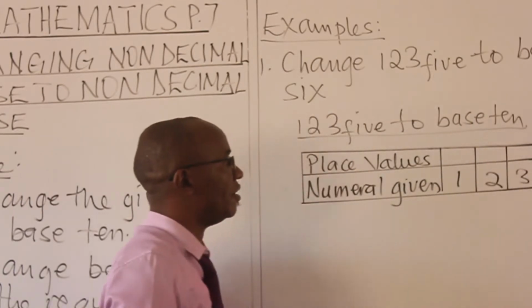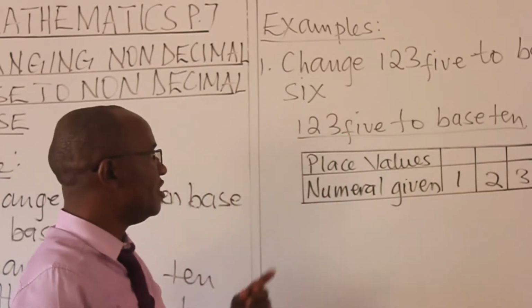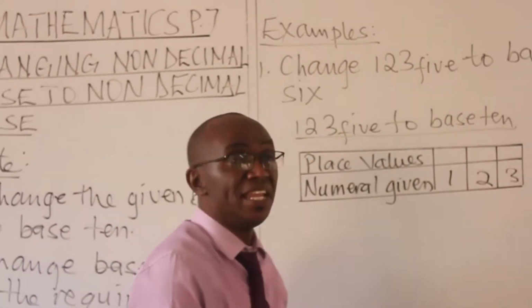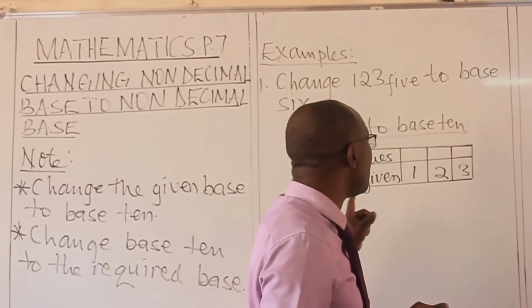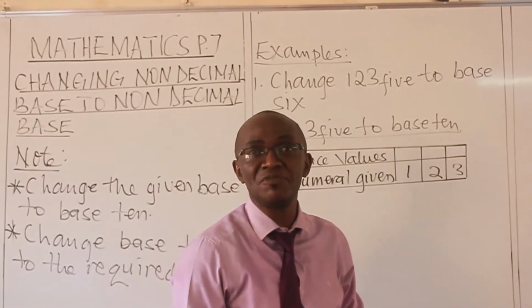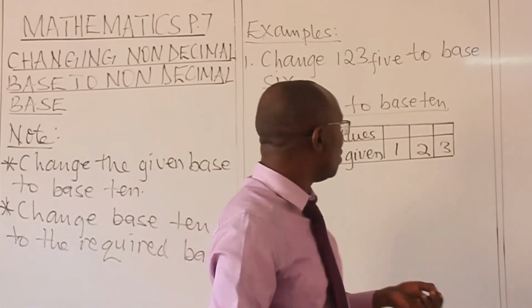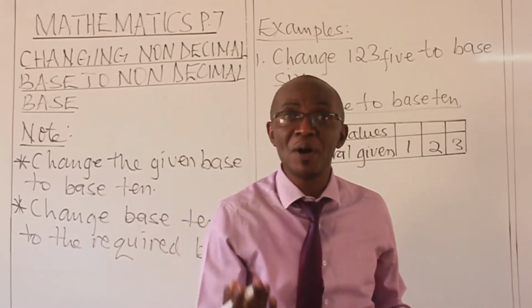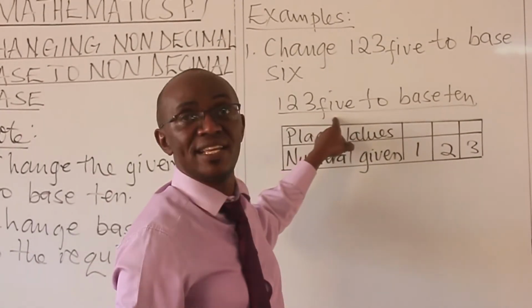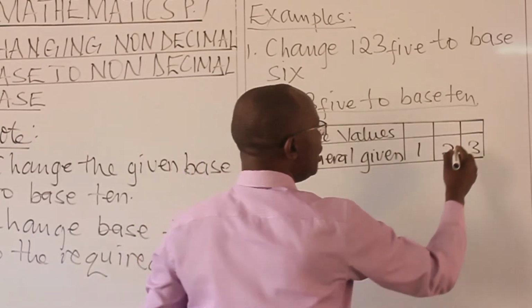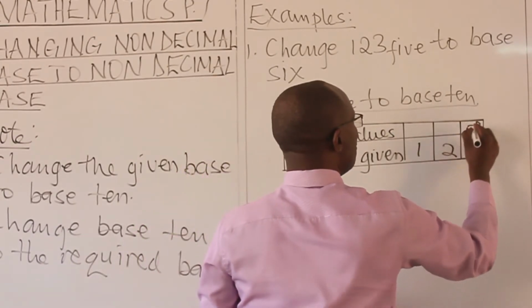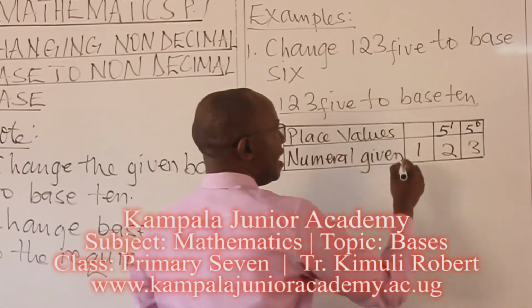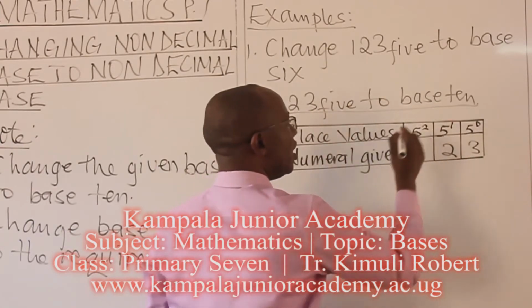But now you look at the base. The base in the question is base 5. Since it is base 5, we are going to express our place values in power form, using powers of 5. Why powers of 5? Because the question is in base 5. So 5 raised to the power 0, 5 raised to the power 1, and 5 raised to the power 2.